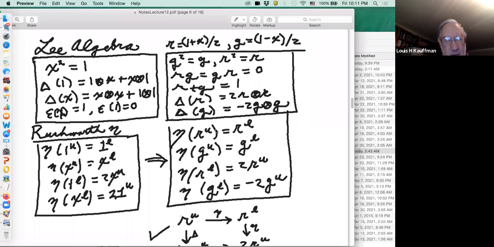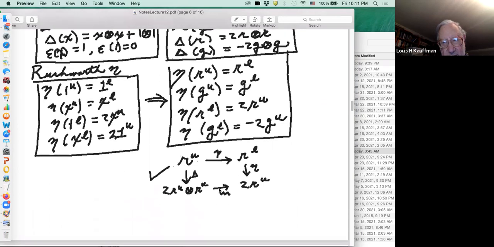And then we find also that if you apply the single cycle map to these, then R goes to L, G goes to RU goes to RL, GU goes to GL, RL goes to 2RU, and GL goes to minus 2GU. And then you can follow out on the problem square there and see how it works.